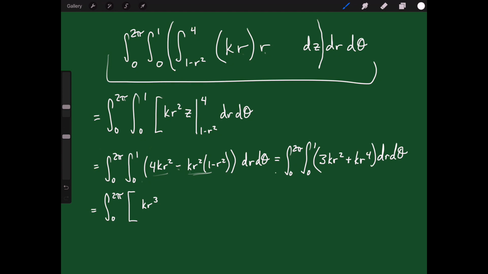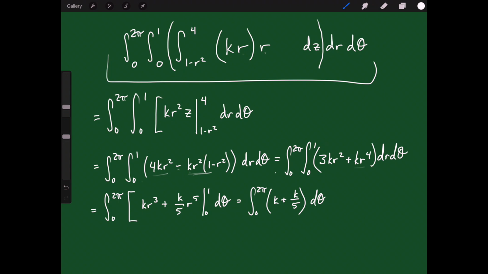Then I need to take the antiderivative of kr to the 4th with respect to r, which is plus k over 5 r to the 5th, evaluated from 0 to 1, d theta. So now we're plugging in for r, and I get integral from 0 to 2 pi of, plug in the 1 for r, and I get k plus k over 5 minus, if I plug in 0, I just get 0, so that's it, d theta.